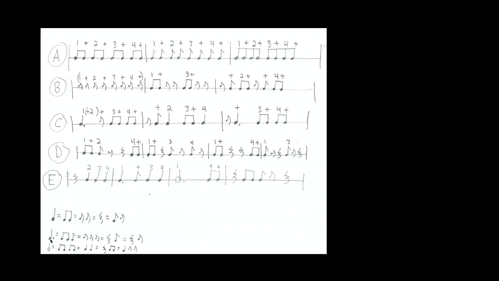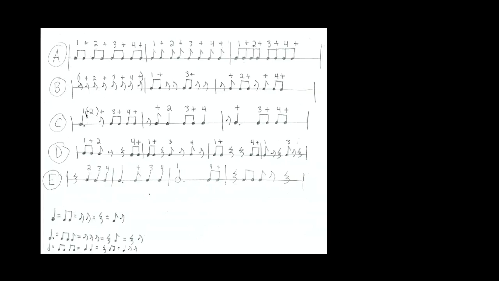Thereby, a dotted quarter note is equal to 3 eighth notes, or 3 eighth rests, or a quarter rest and an eighth note, or a quarter rest and an eighth rest. An easy way to remember this is that in 4/4 time, the dotted quarter note is equal to 3 eighth notes.